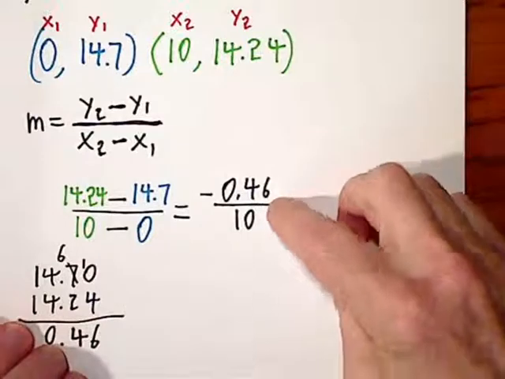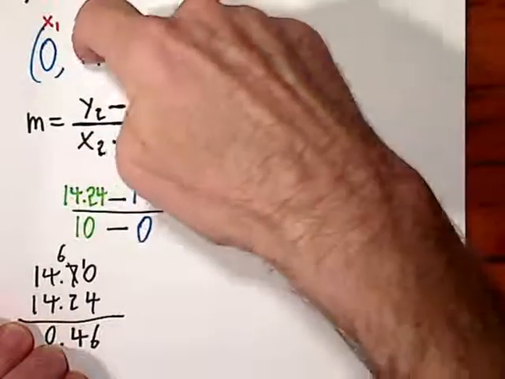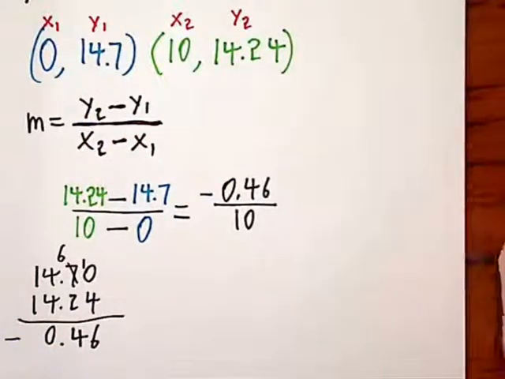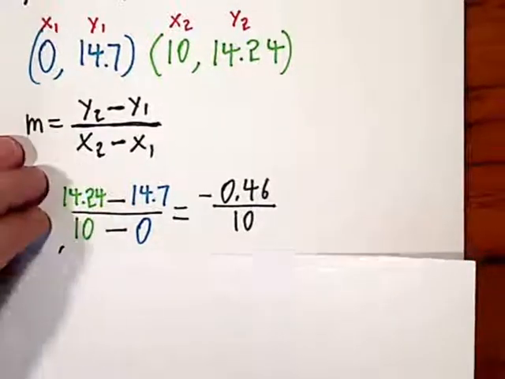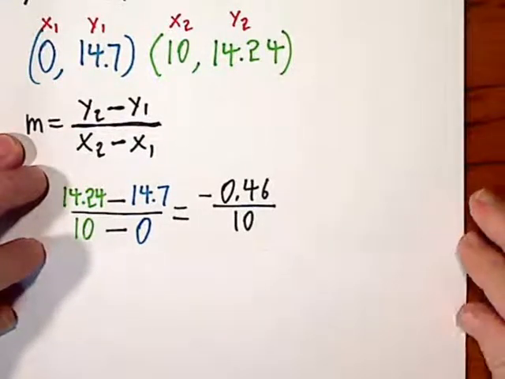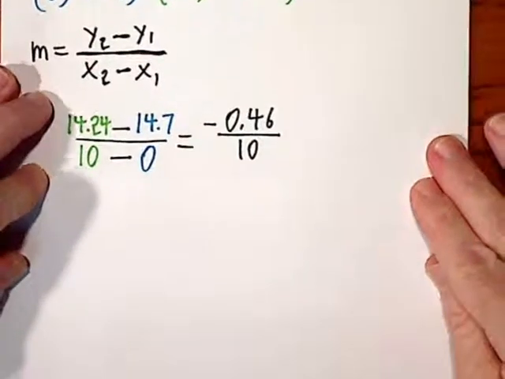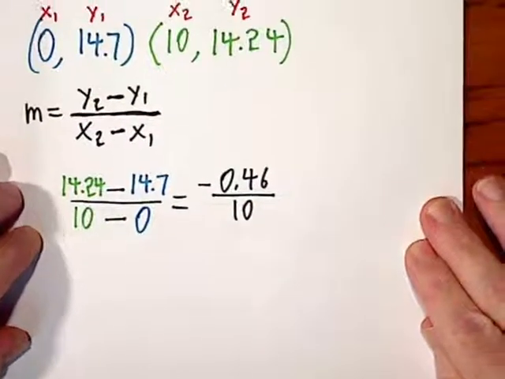So we have a slope, and we could pick either of these two points. So what we're going to do is make use of our trusty point slope equation.